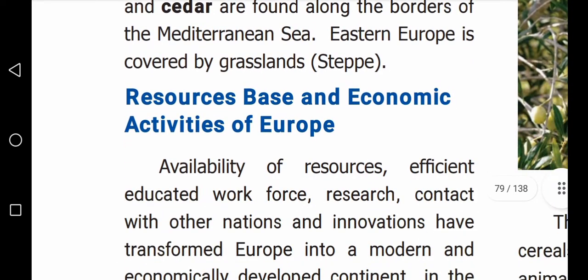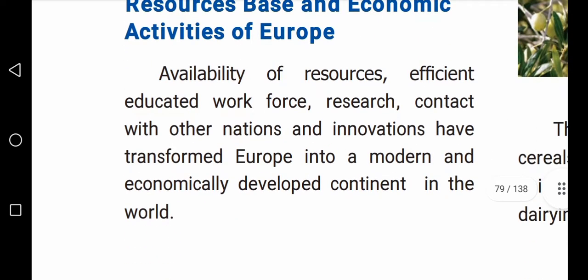Next one, resources based on economic activities of Europe. What are all the resources present in the European countries? Availability of resources, efficient educated workforce, research, contact with other nations, and innovations have transformed Europe into a modern and economically developed continent in the world.